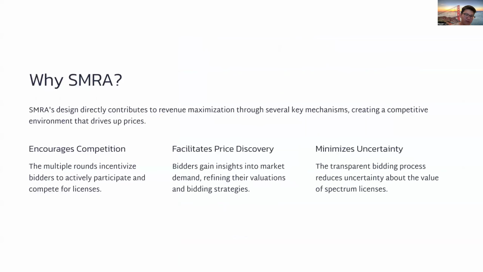So why SMRA? The design of SMRA directly contributes to revenue maximization through several key mechanisms, which also create a competitive environment that drives up prices. So we can maximize the price and the profit from it.